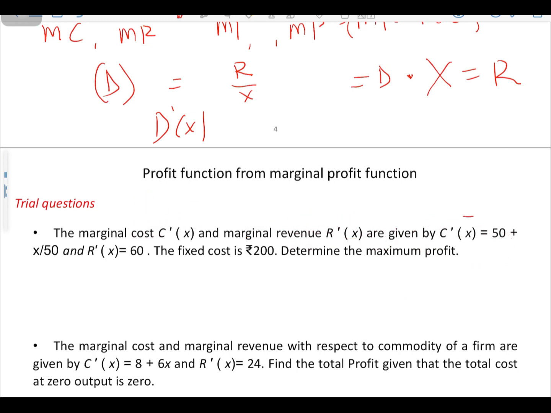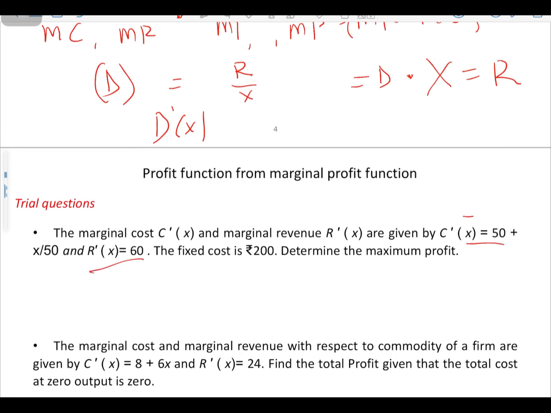The first one says that the marginal cost C prime of X and the marginal revenue R prime of X are given by C prime of X equal to 50 plus X over 50, and R prime of X equal to 60.